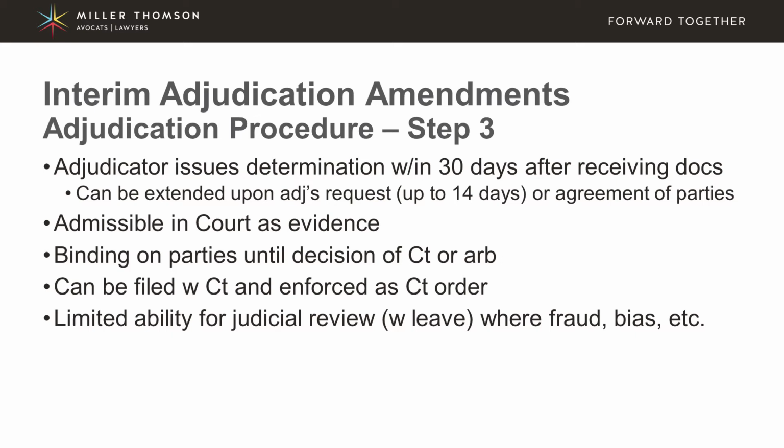And that's where there is the potential to prove that there's been fraud, bias, etc., or other serious criticisms or reasons for asking for this judicial review. Otherwise, that determination is binding and has to be complied with.